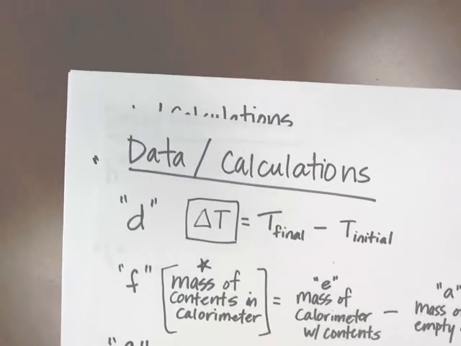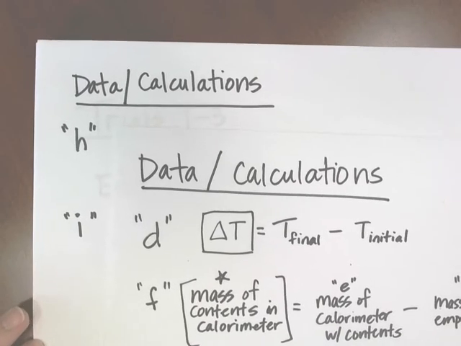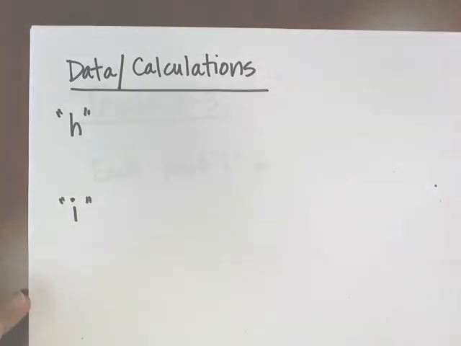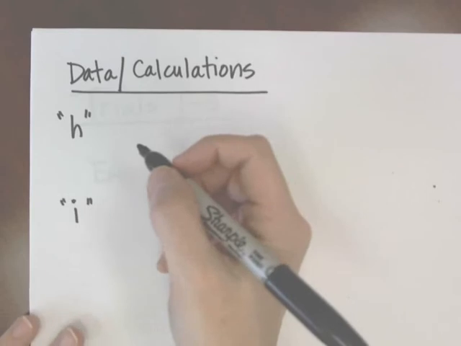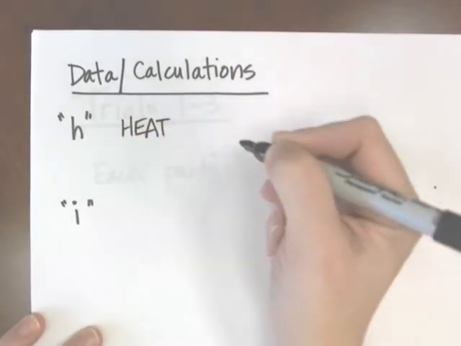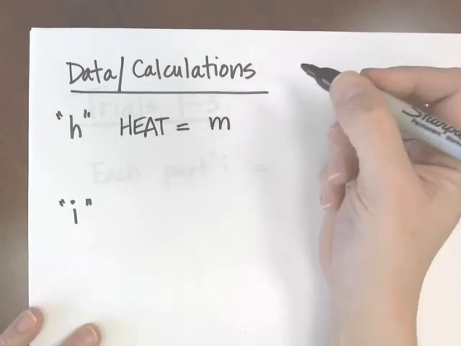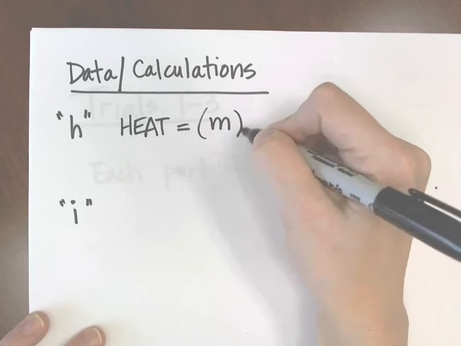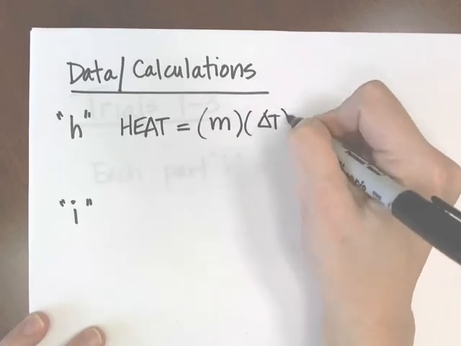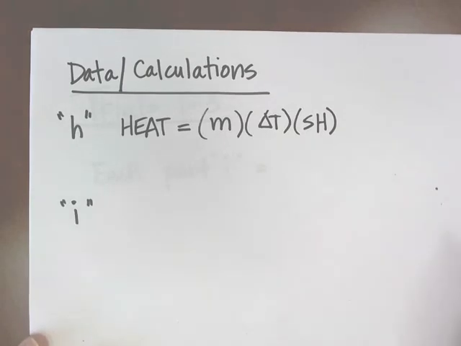Moving on to the calculation in part H, this is where you're actually going to calculate heat. Heat has to be calculated. It's not something that we can just stick a heat probe in there and measure the joules or kilojoules. So we have to use this relationship in order to calculate heat.